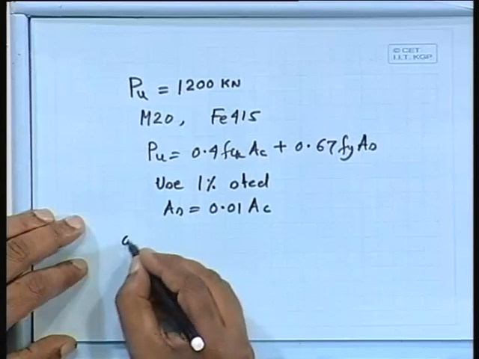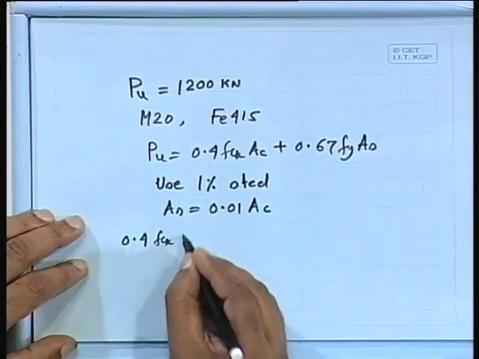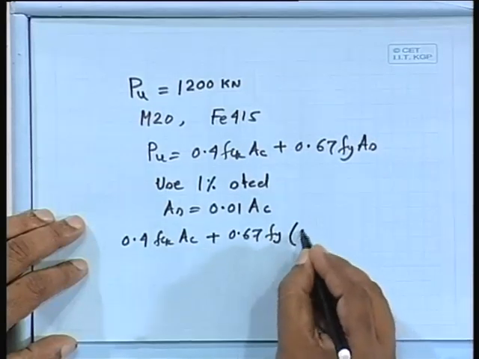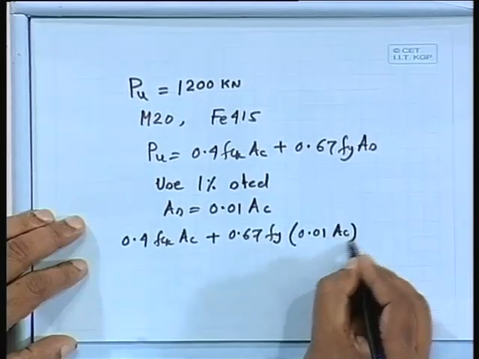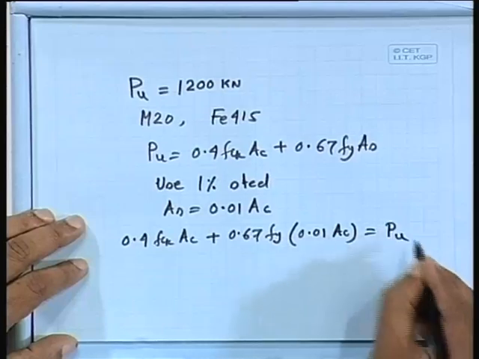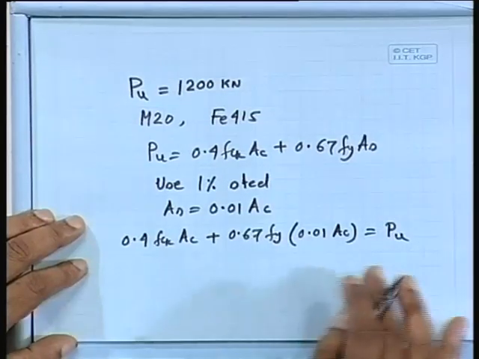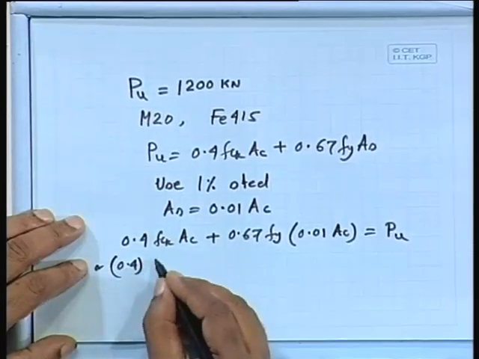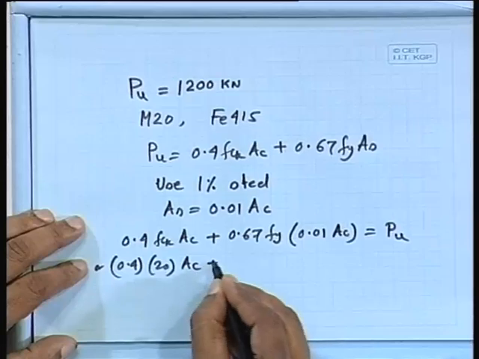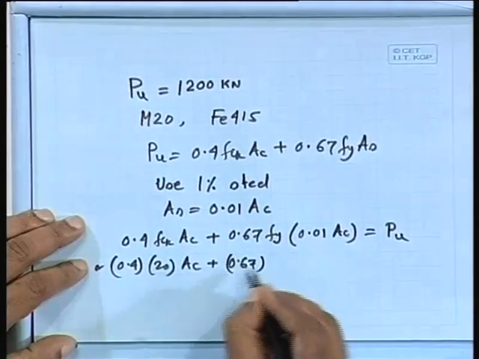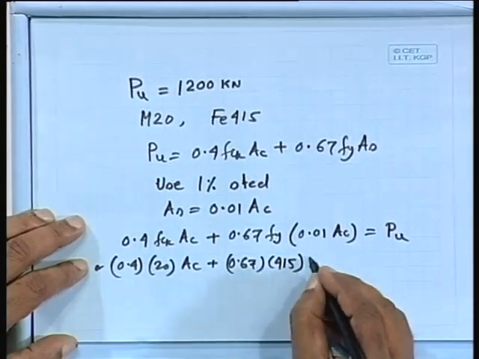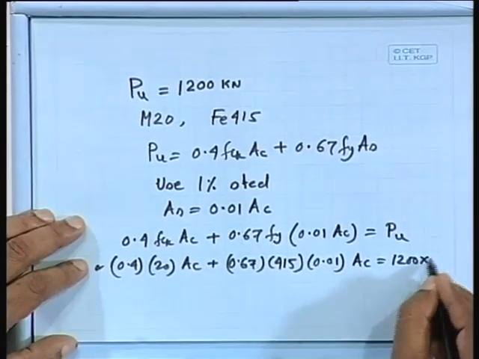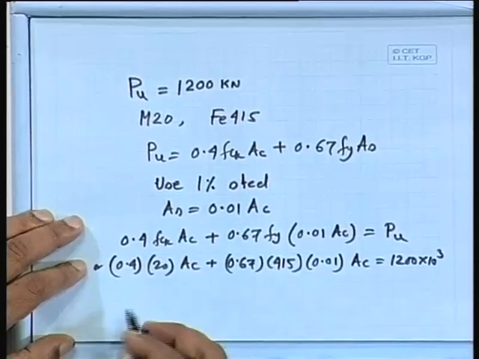So we can write down here 0.4 FCK AC plus 0.67 FY times 0.01 AC equal to PU, because I can now calculate AC also, or 0.4 times 20 times AC plus 0.67 times 415 times 0.01 AC equal to 1200 into 10 to the power 3. I am making it all in Newton.